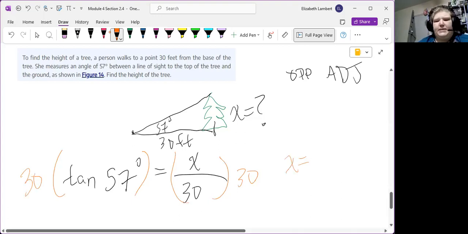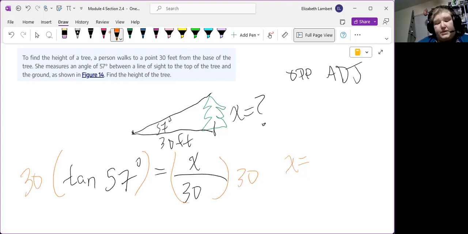All right. Let's turn this on the side, put it back in degrees. 30 times the tangent of 57. We get 46.1959, blah, blah, blah.